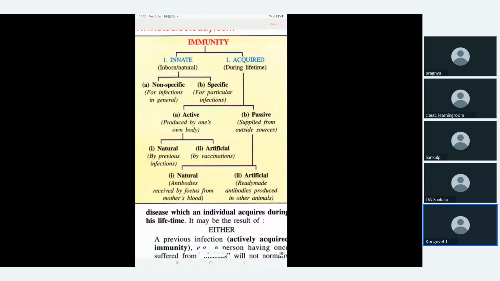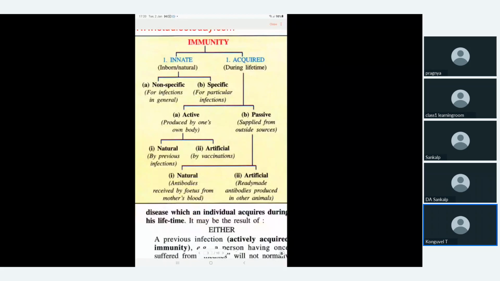So natural is by the entry of the original pathogen. Artificial active is like vaccination, basically a weakened form of the microorganism.